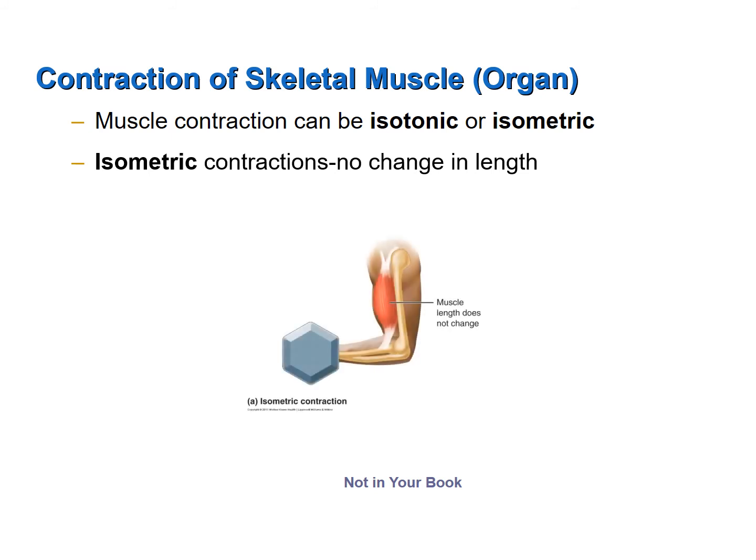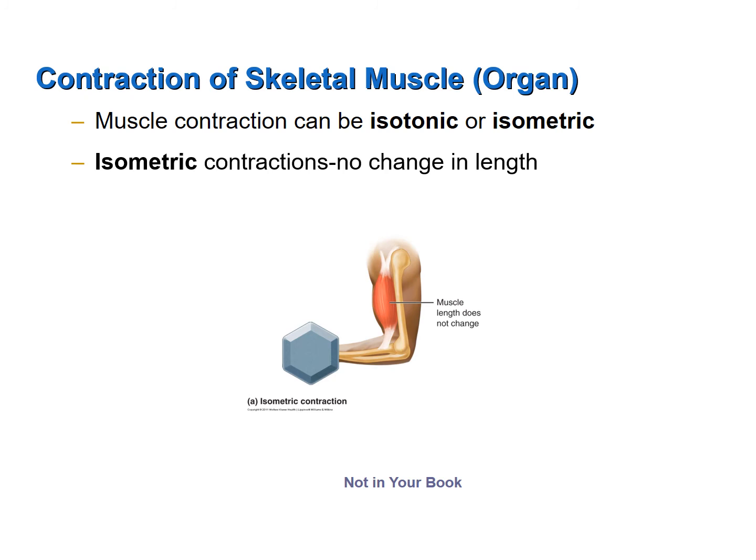An example would be holding a weight in this position with respect to the biceps brachii, or biceps muscle, as you probably know it. So if you were to hold a weight in this position, you would feel tension in your biceps brachii, and your biceps brachii indeed would be contracting.